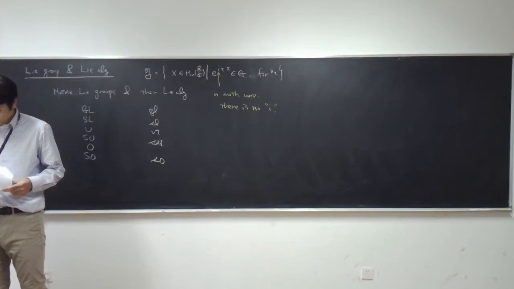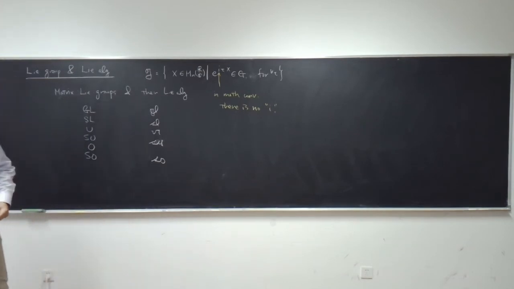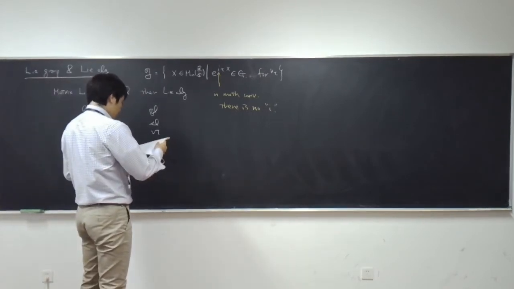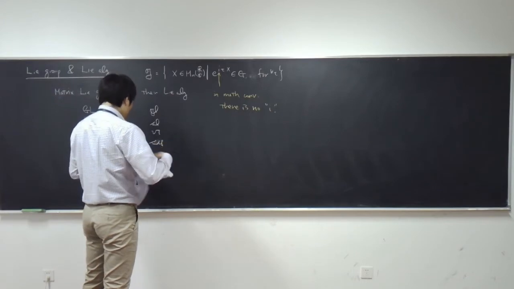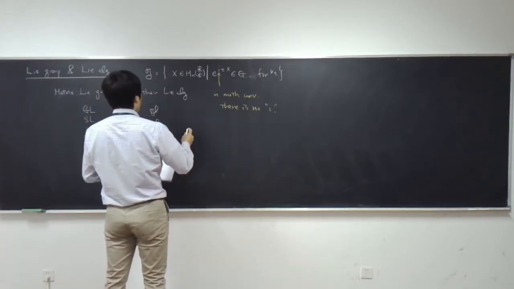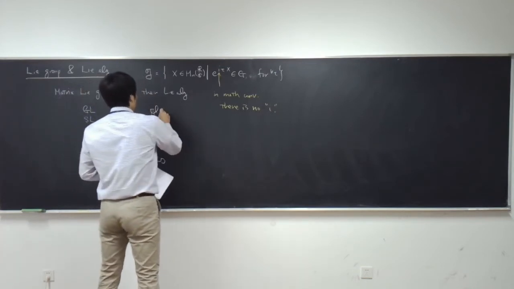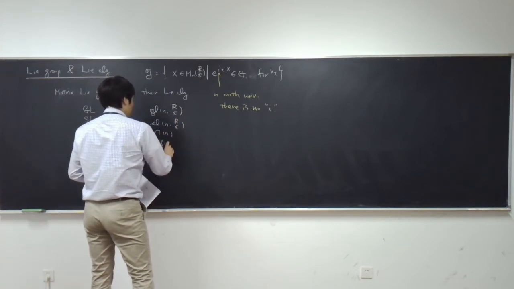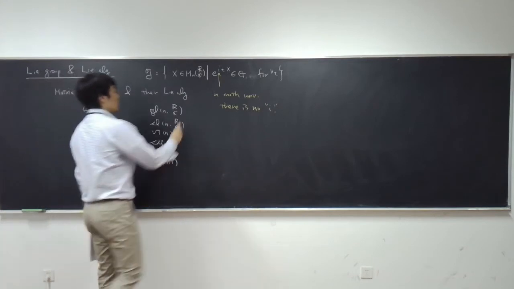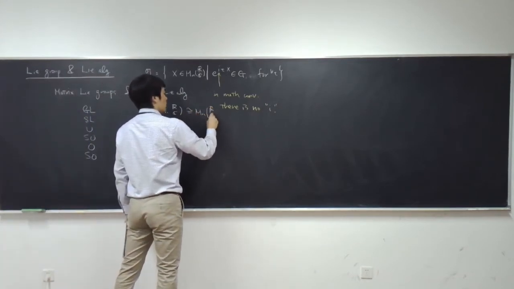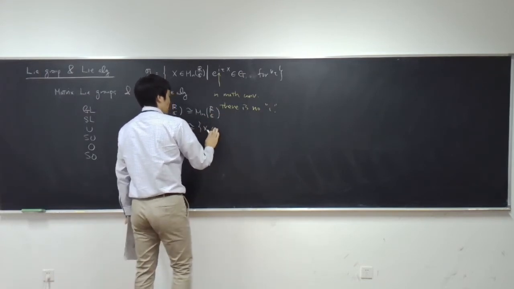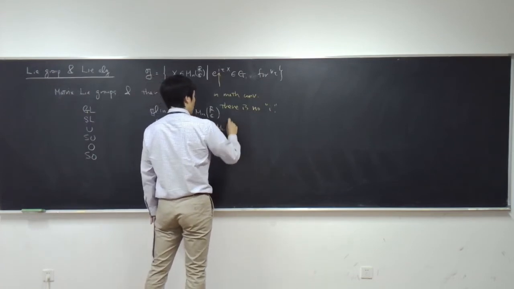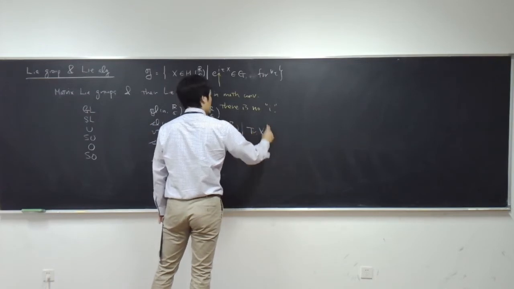Last time we talked about the definitions of GL(n, R or C), SL(n), U(n), SU(n) and SO(n), and these are essentially the same as matrices in M_n of R or C. SL is the set of elements of M_n such that the trace of X is 0.